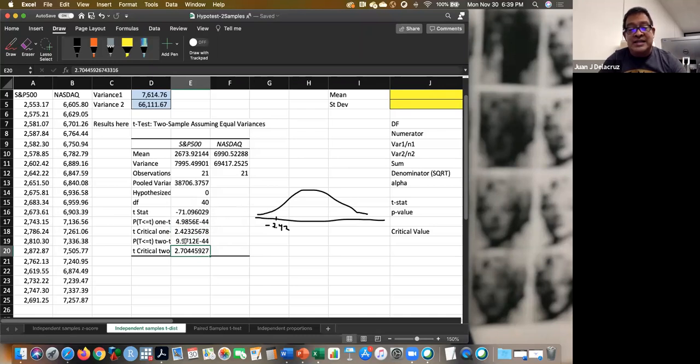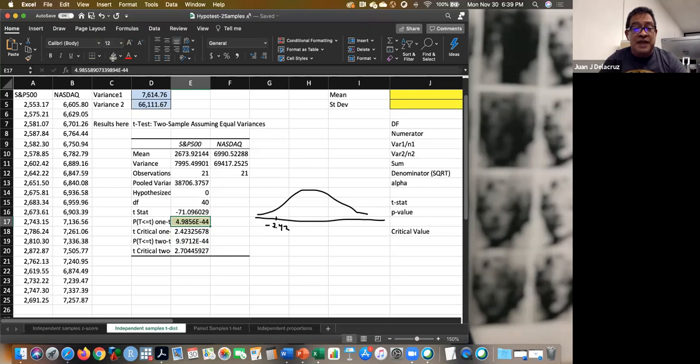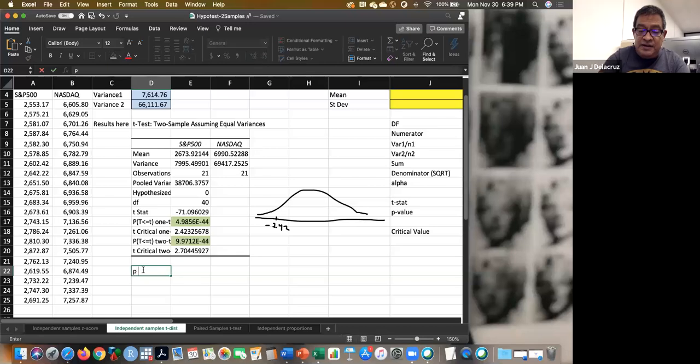This is the rejection region, remember. But we can just look at the p-values. These p-values are very low. Remember, if the p-value is less than alpha, then I reject H0, right?